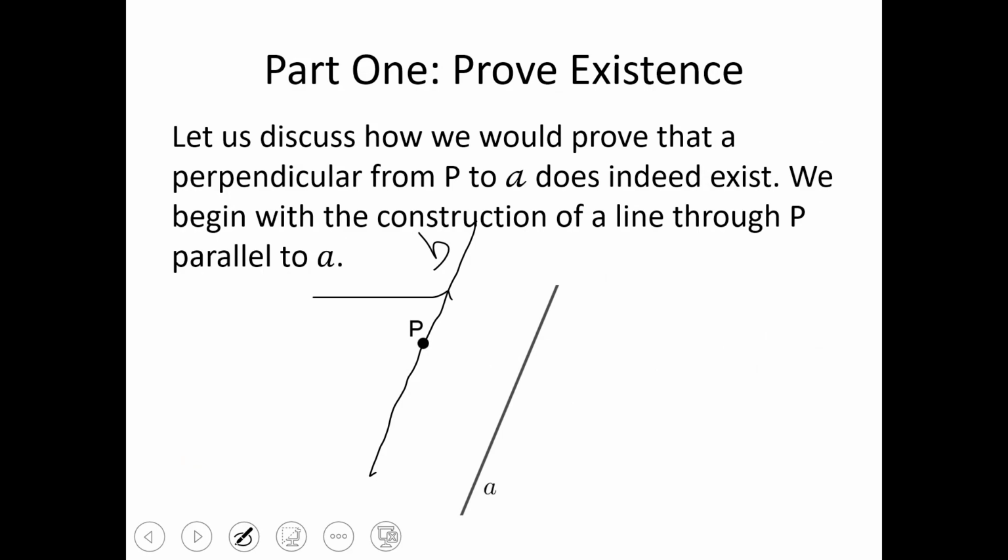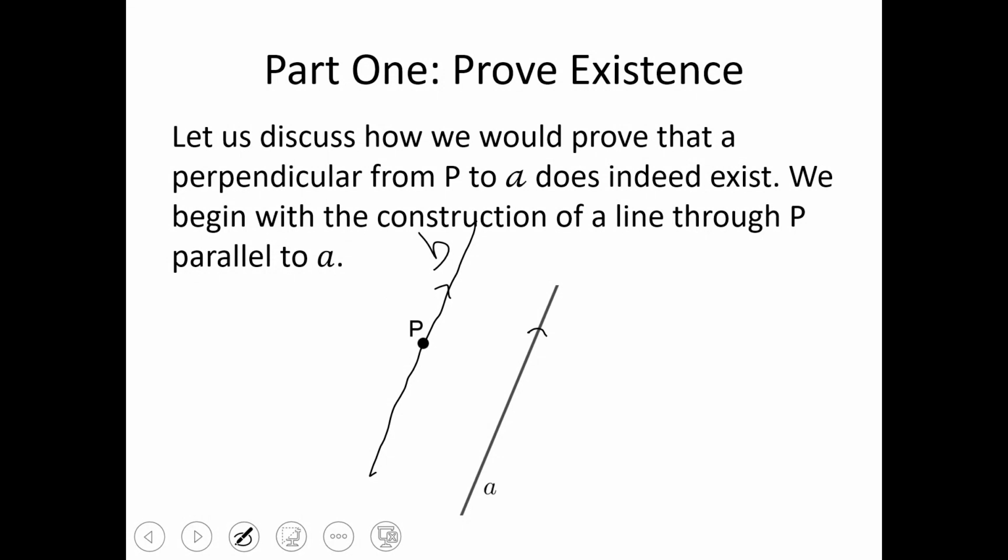So I'll let this line be called B. So I've constructed B through P so that it's parallel to line A. That's our parallel construction rule. And then here's what I wish to do. Let me use the protractor postulate so that I create through P with B a right angle.